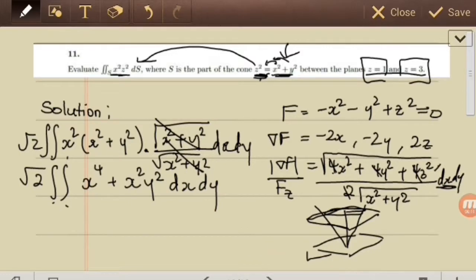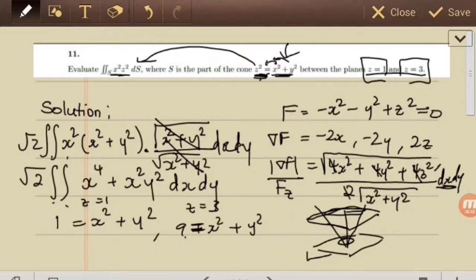For z equal to 1, we're going to get 1 squared, which is 1, equal to x squared plus y squared. And for z equal to 3, we're going to get 9 equal to x squared plus y squared. That's fine. So we have radius 3 here, and radius 1 here. So these are circles here.